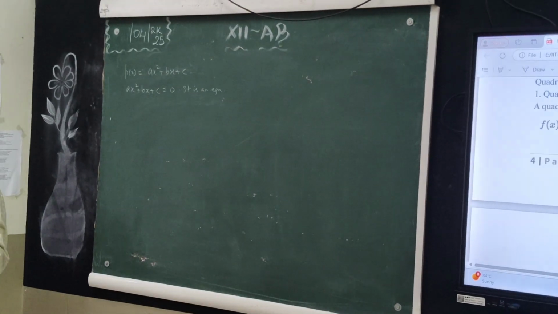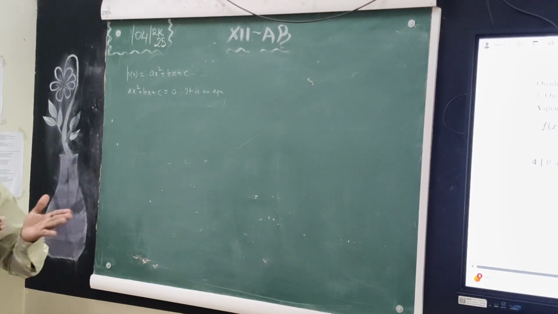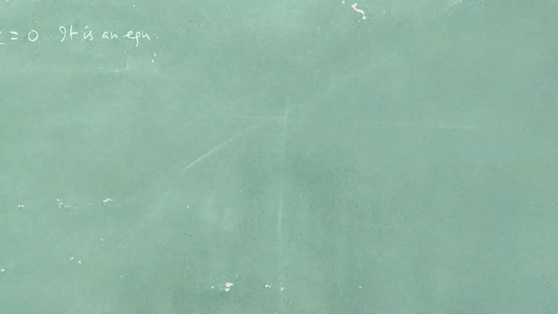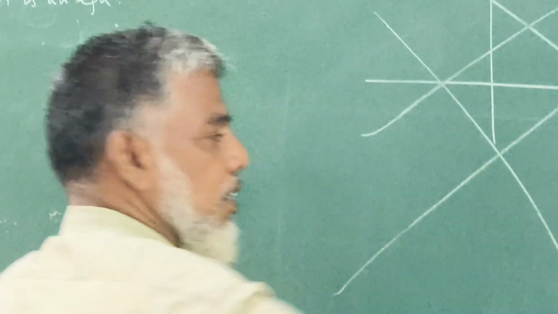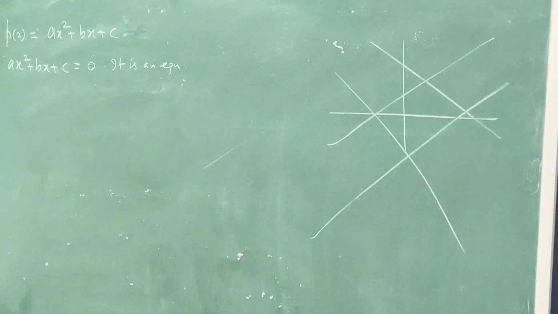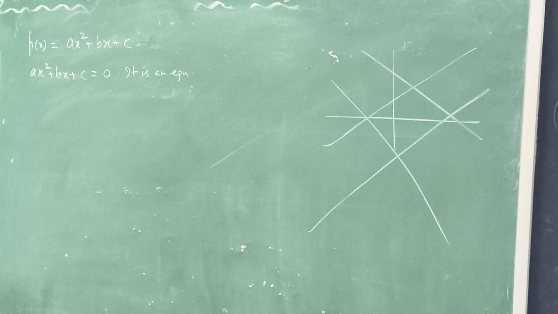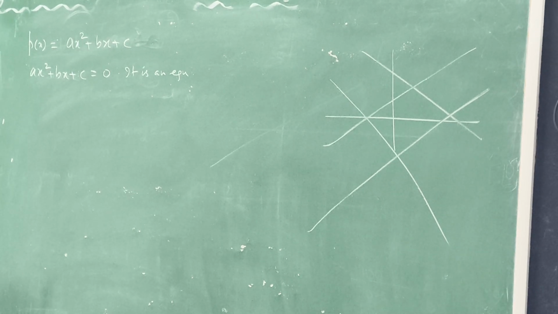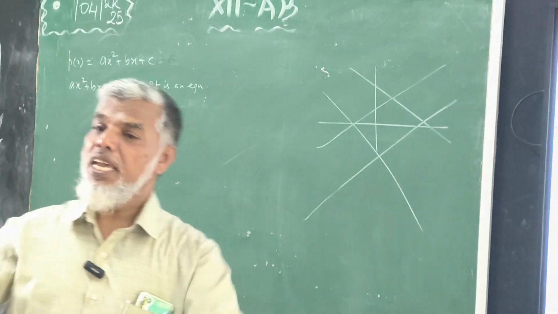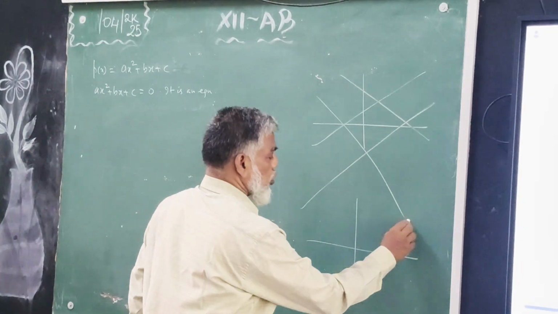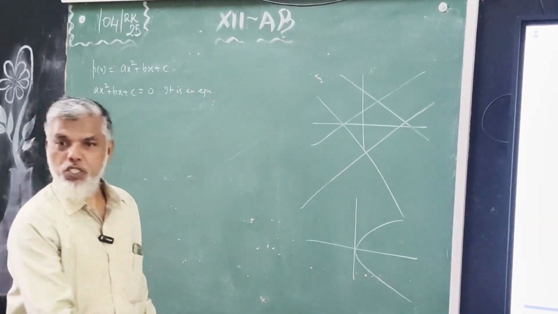Quadratic equation is what? That means in the graphical representation, what will it be? A line will be like this, or this, or this. If you draw a graph of a quadratic equation, how will the graph be? We have a name. It is a parabola. Parabola you studied already. What is the equation of this parabola?